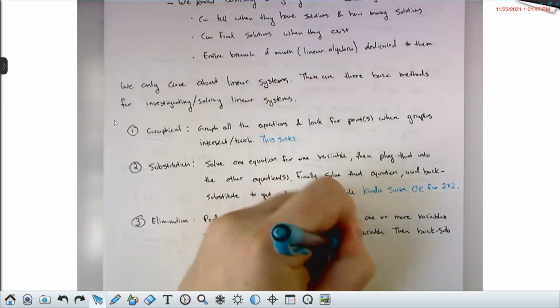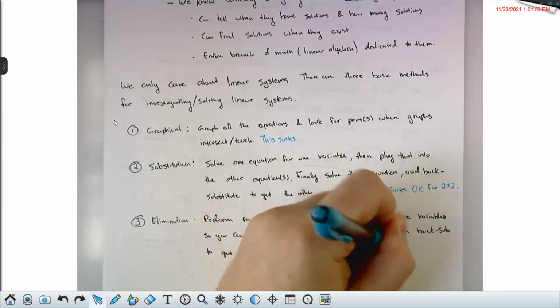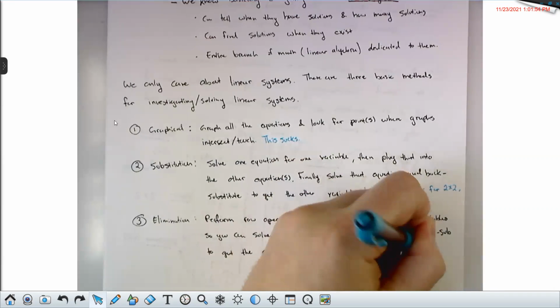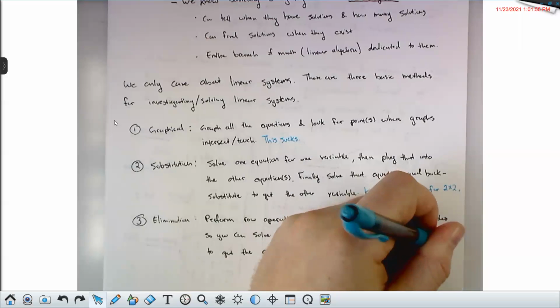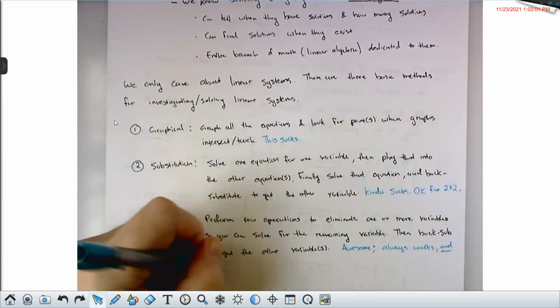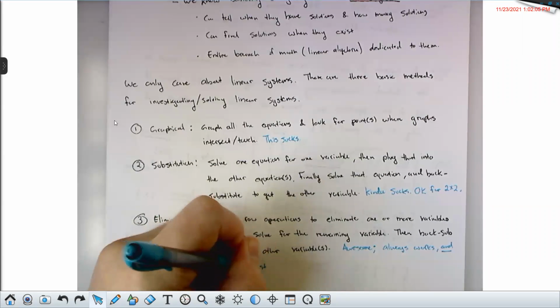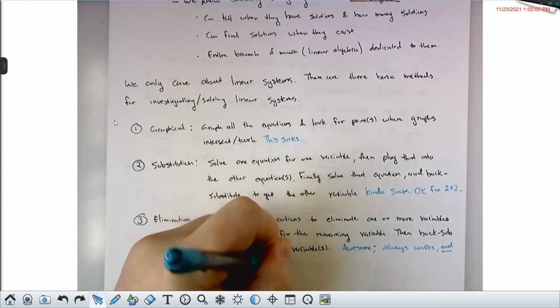Elimination, this is awesome. It always works. And it's the fastest slash easiest method.